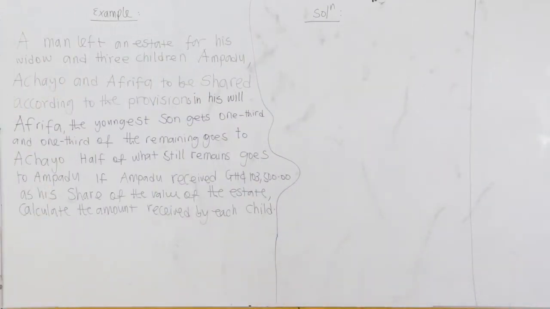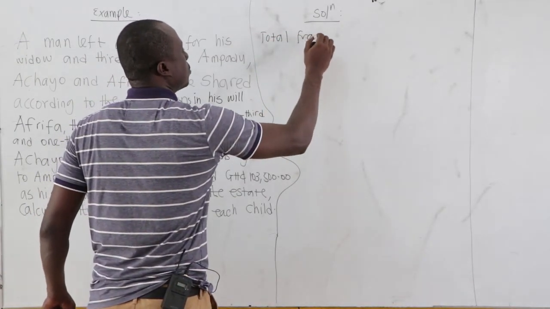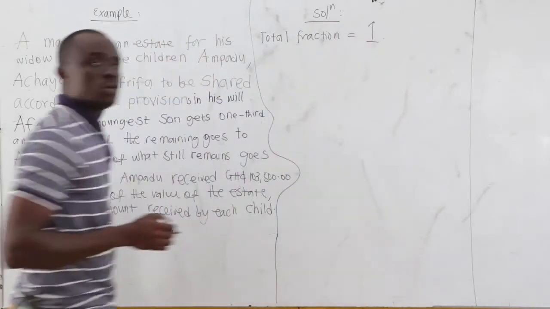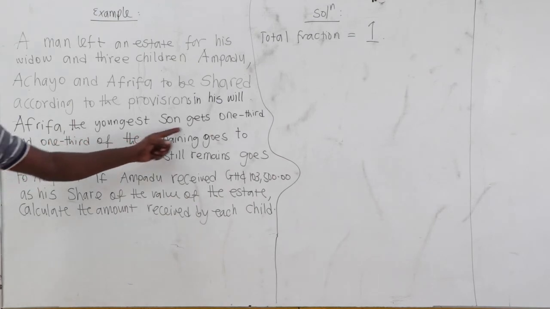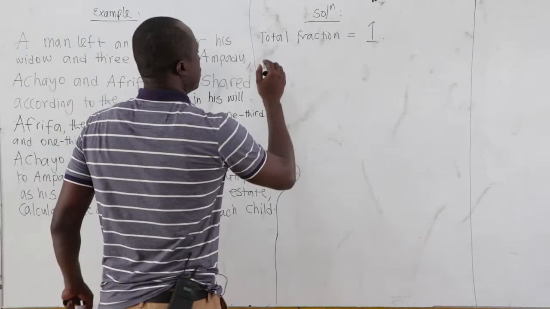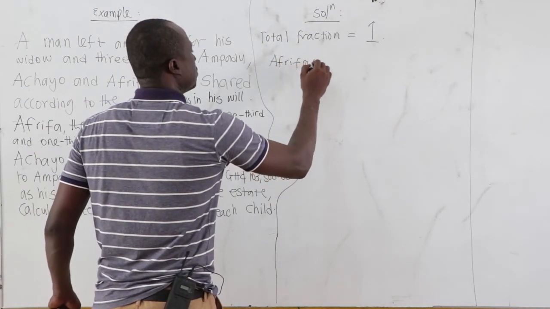Now, let's see. We are being told here clearly, so total fraction on the will will be equal to 1. Now, we are being told Afrifa, the youngest son, gets 1/3. So that is Afrifa's fraction.